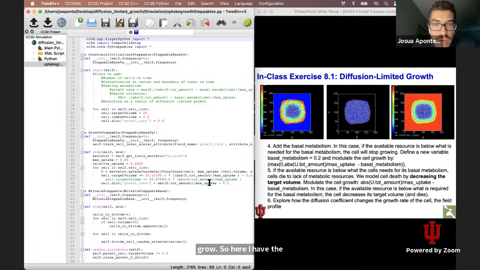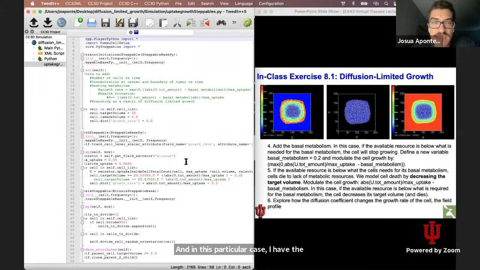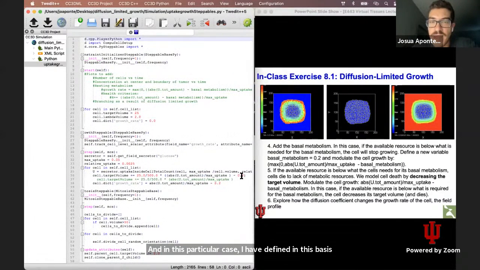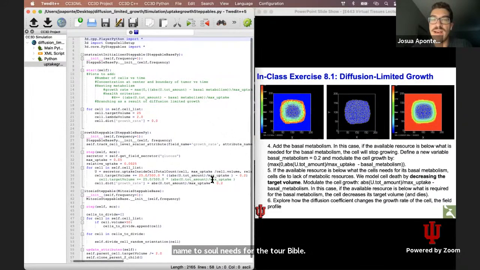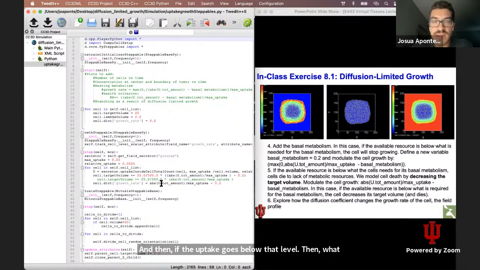And in this particular case, I have defined this basal metabolism that I call 0.2. That is basically specifying what is the uptake that the cell needs for its survival. And then if the uptake goes below that level, let's say that this uptake here goes below 0.2, then what happens is that the growth rate becomes negative.